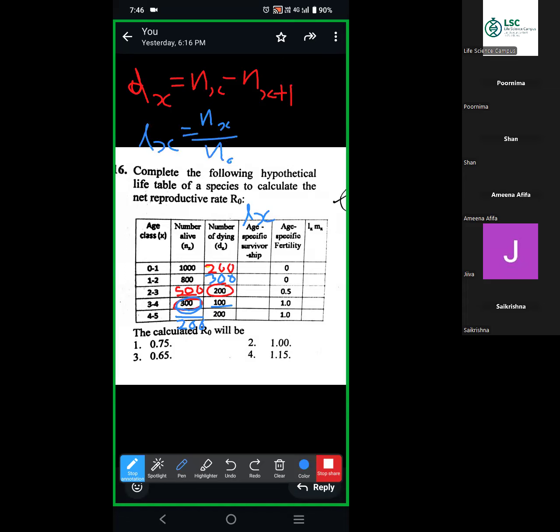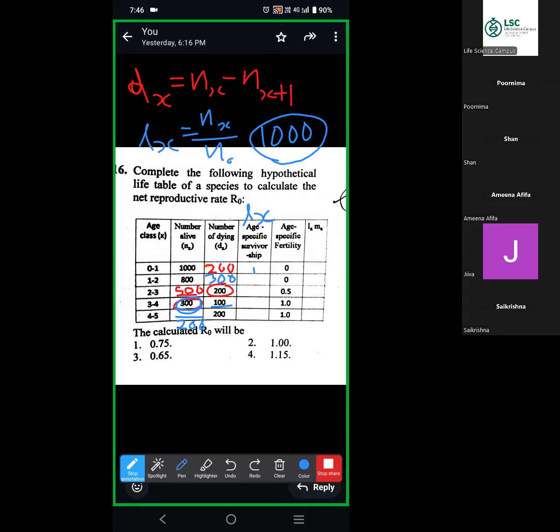What is the value of n0? 1000. So for the whole table, n0 is 1000 and nx will change. For the first age class, the value for Lx is 1000 by 1000, that is 1.